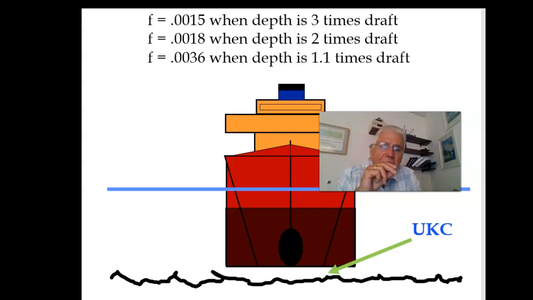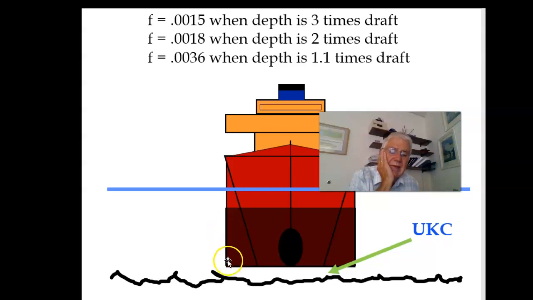As we think about UKC, in this particular slide here, we would be using something where we have a real constriction underneath. We're running very, very close to the bottom. Imagine, if you will, the current is running in this direction and hits the side of the ship.